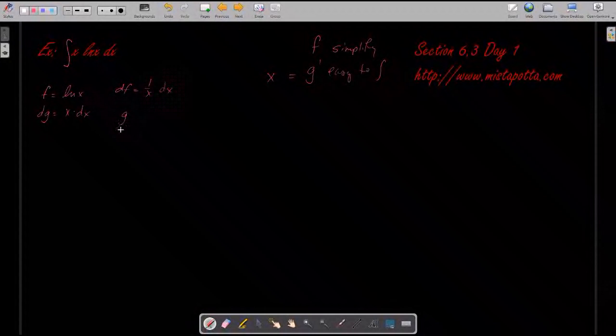That's going to be x squared over 2 plus a constant. Now, I'm not going to worry about this plus a constant until the end, after I'm done with all of my antiderivatives. So right now I'm just looking at the functional aspect of it.